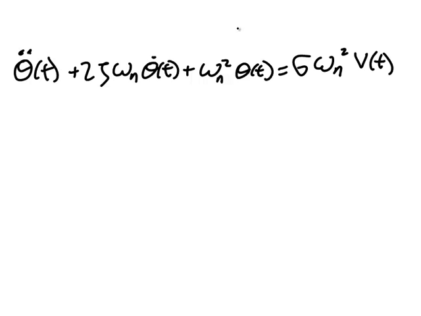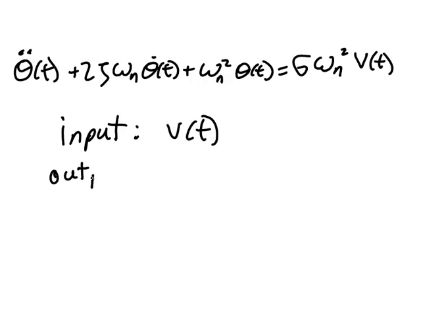So in this standard form, I'm going to assume that the input signal is v of t and that the output signal is theta of t. Just like we've done previously in class, identifying the input and output signals is the very first thing you want to do.